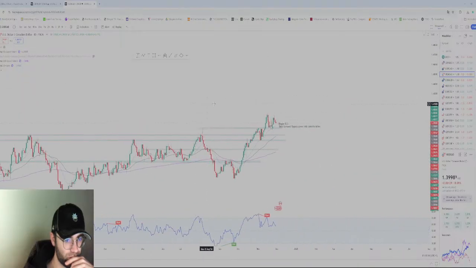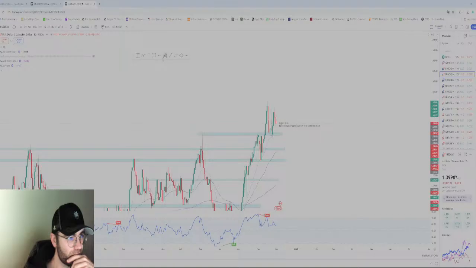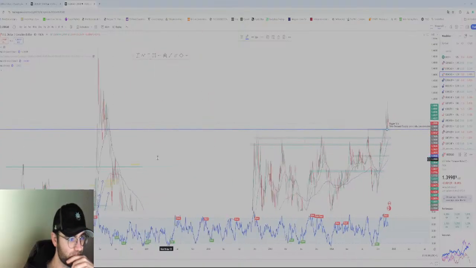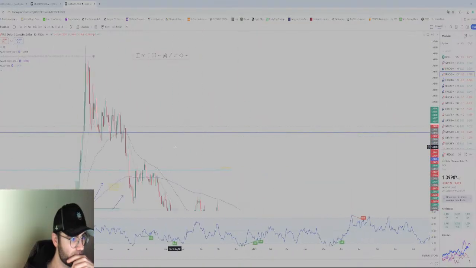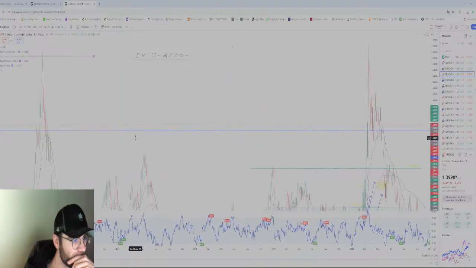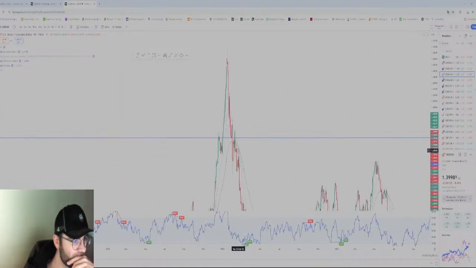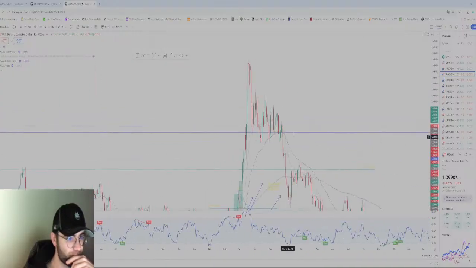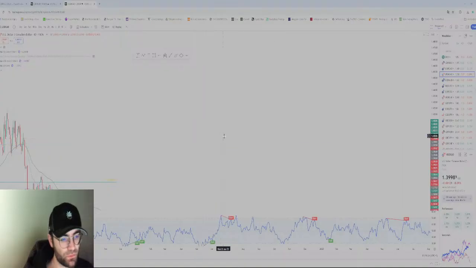Bro, it's way too far away. Let's put this thing there to verify if there are any touches here as well. Two, three. Yeah, you could consider this an area of interest.